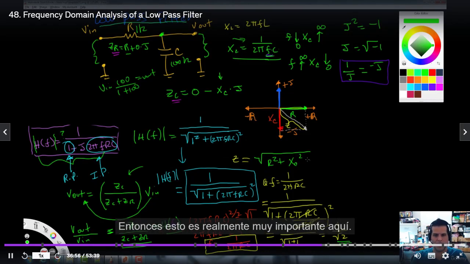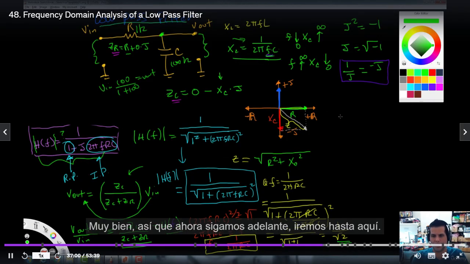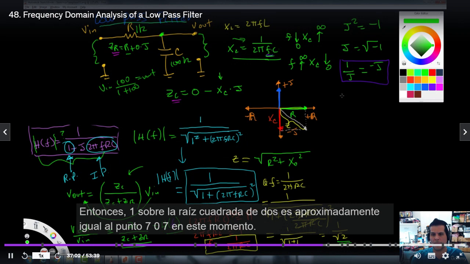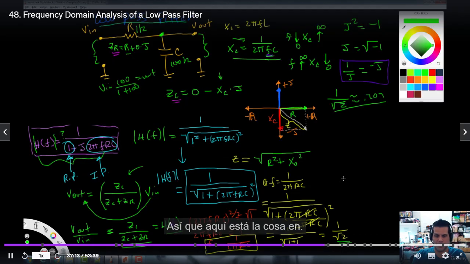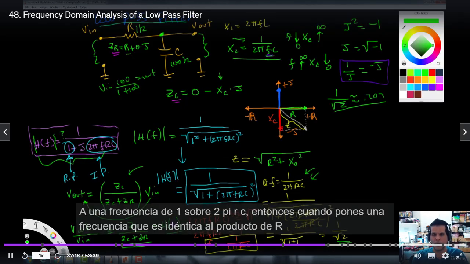This is really, really important here. So 1 over the square root of 2 is approximately equal to 0.707.